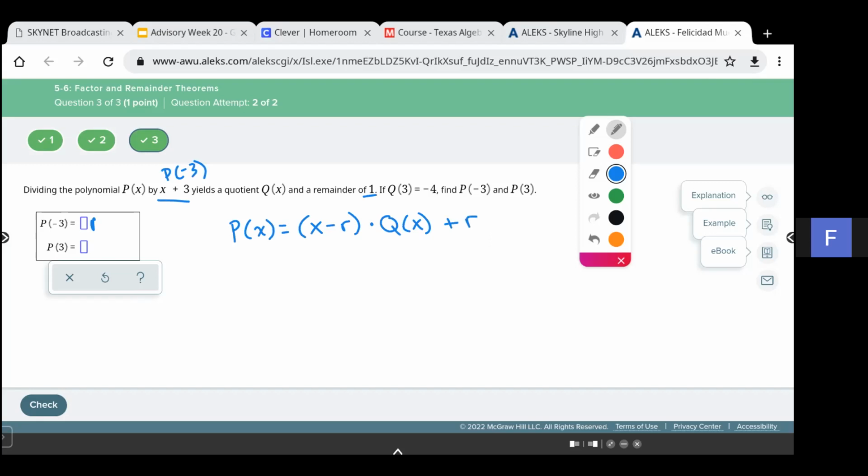So if I already know P of negative 3, I want to find out P of 3. So that means for every X I see, I'm going to plug in 3. So this is going to be a 3 times Q plus my remainder, and this was 1.